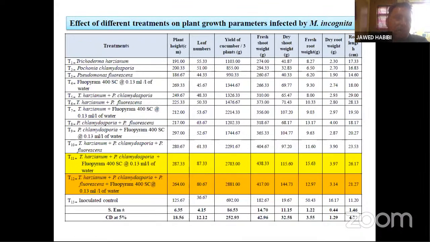And from this result, it's revealed that among all these treatments, the combination of nematicide and bioagent showed the best result compared to the individual ones. Here are shown treatment 11 and treatment 12 for plant growth parameters. They showed the best result compared to the individual bioagents or nematicide.